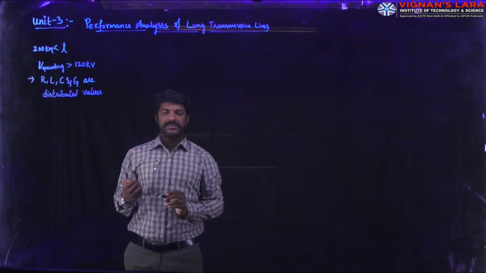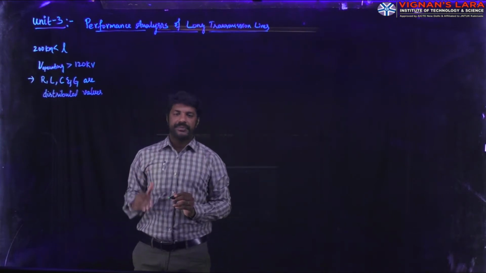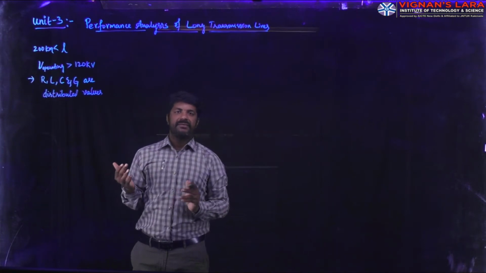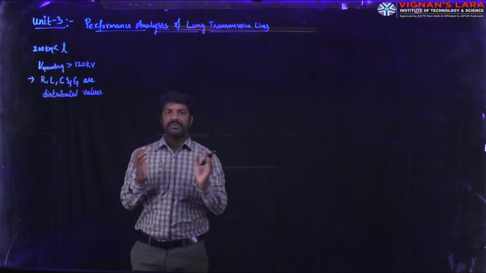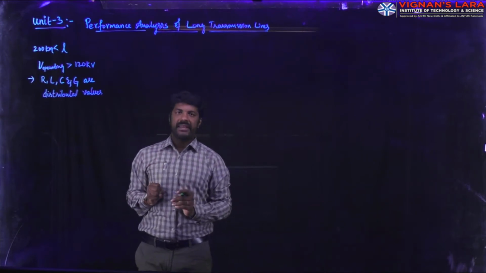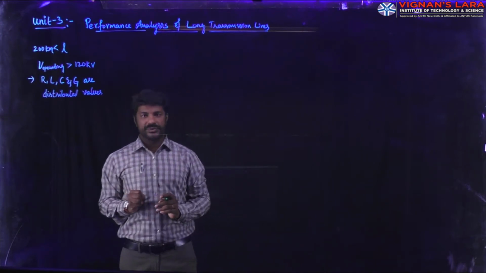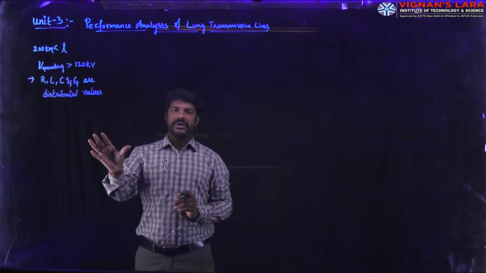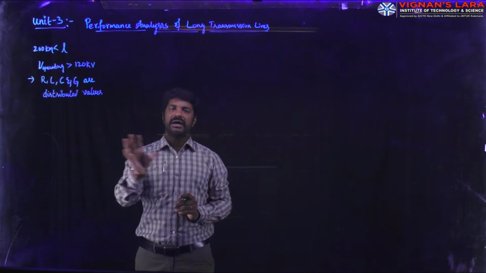What is the difference between concentrated and distributed elements? In the lumped elements, we have the entire value of the transmission line at one place, a single value whose unit is either ohms or mho.